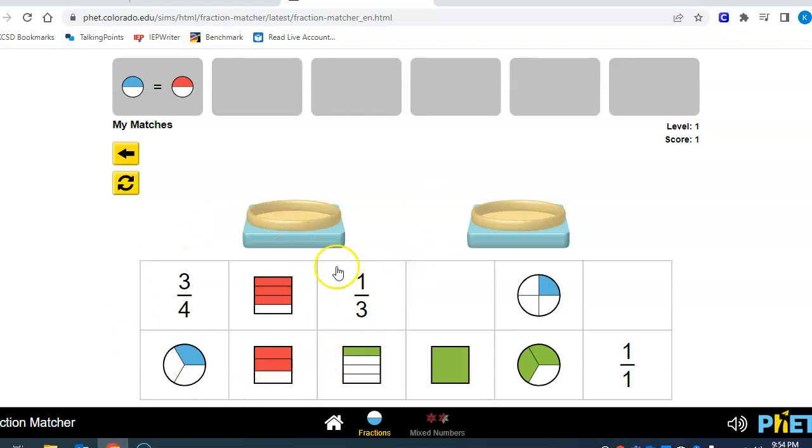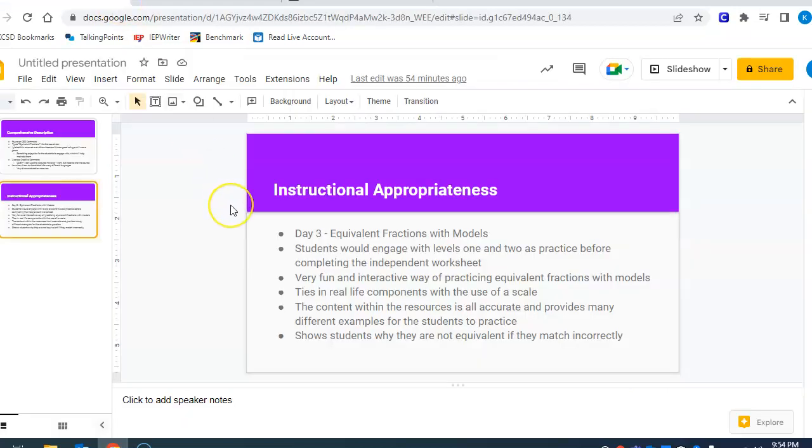It has models of different fractions as well as fractions. So this ties together what the students would be learning on that day. And students would engage with only levels 1 and 2 as a practice before completing the independent worksheet.